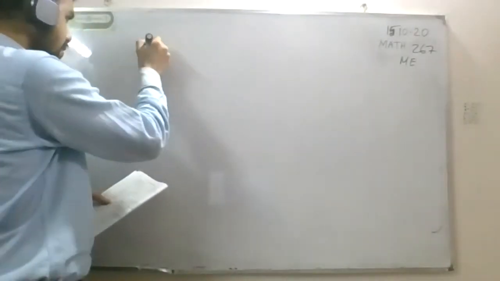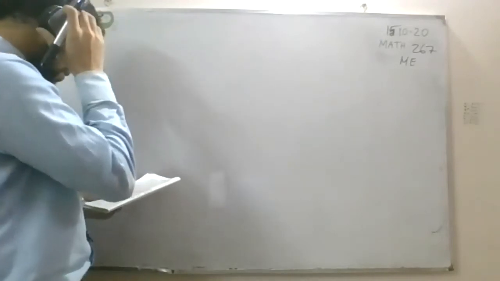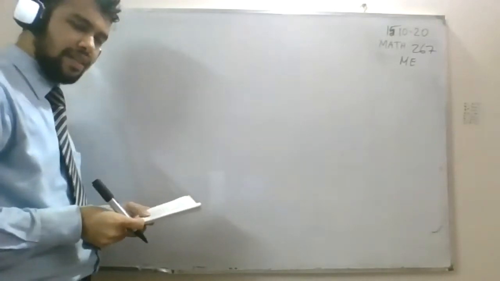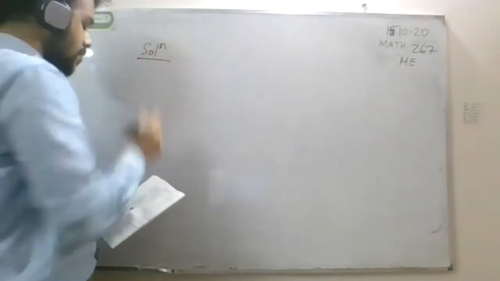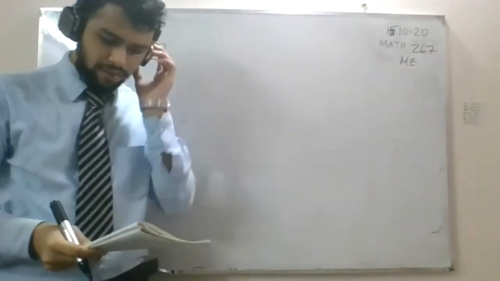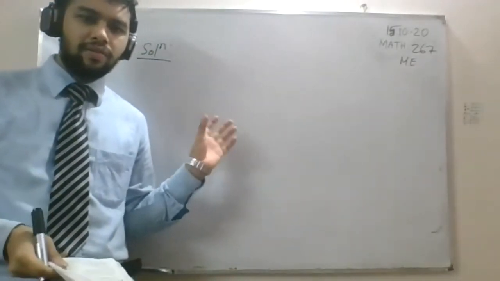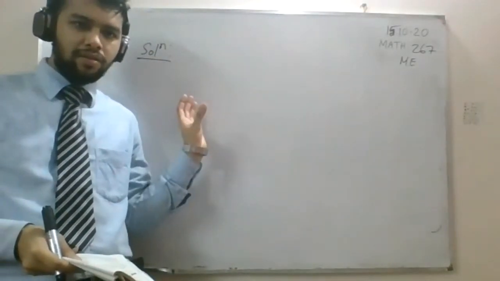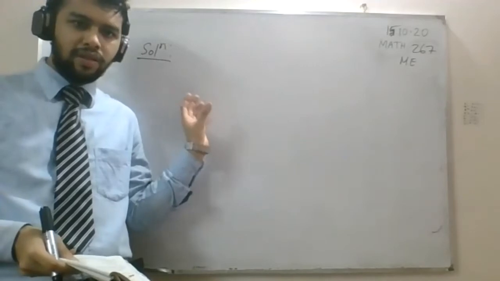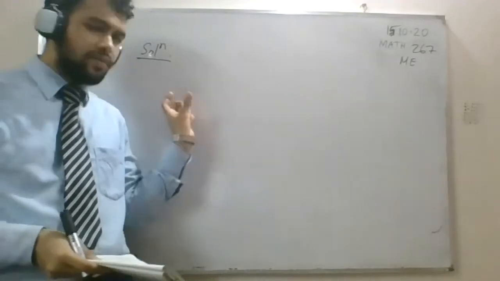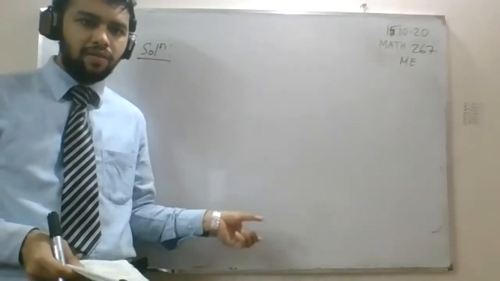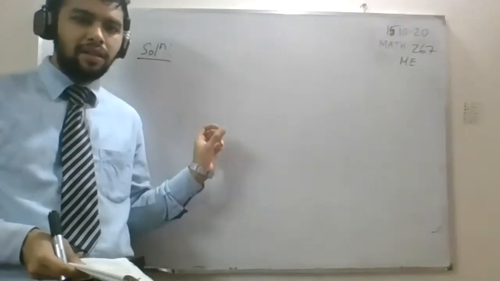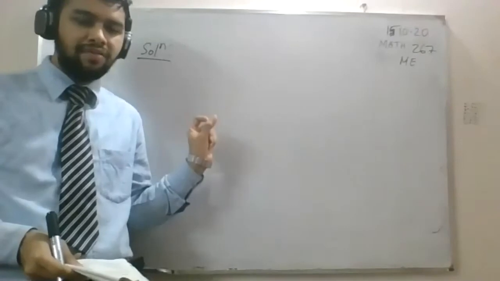So how can we find out the number of zeros from here? Sir, tell me the exact difference between zeros and poles. Okay, to find out the zeros, you have to use the numerator equals to 0, from your given function.